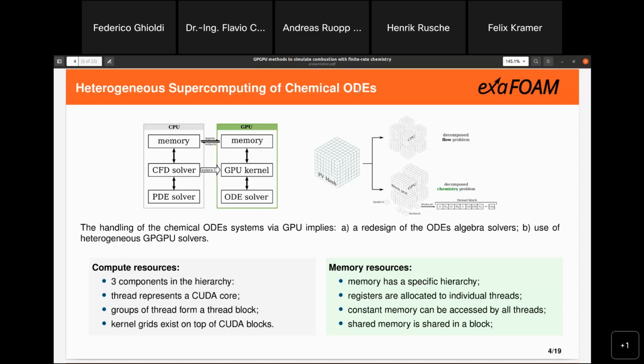We only transfer the amount of data which is actually necessary for the solution of the ODEs. Then when it's actually time to solve the ODEs, we need to call a kernel, which is a global function, that is a function that is resident on the GPU. So it can actually work only on the GPU.